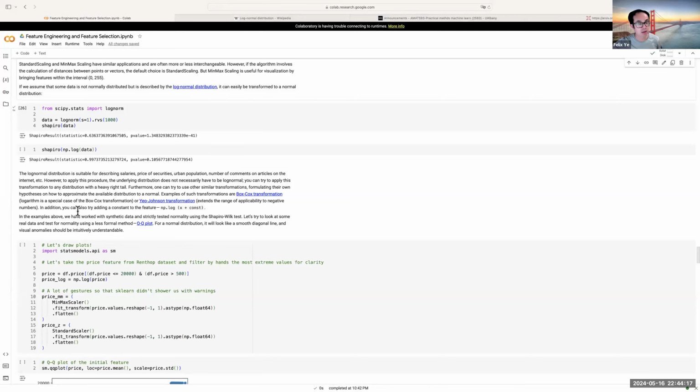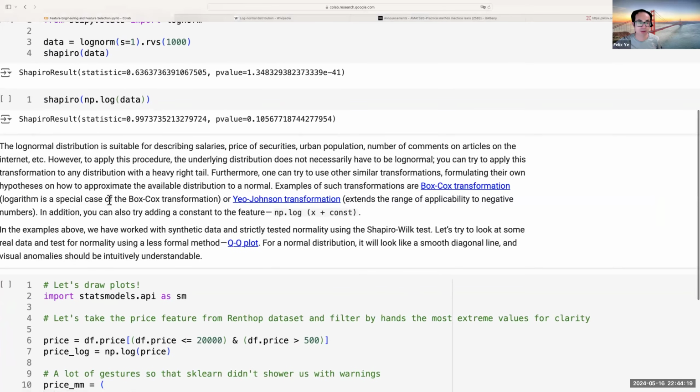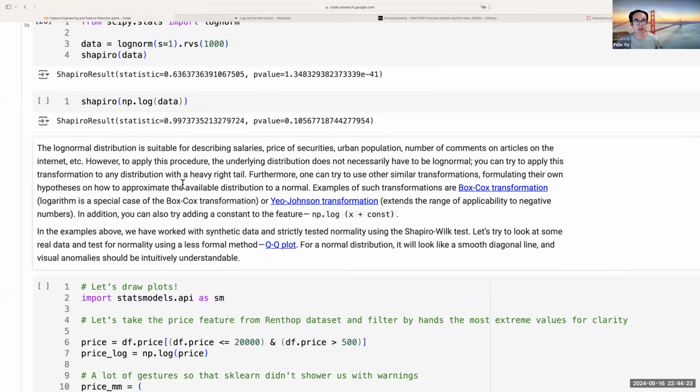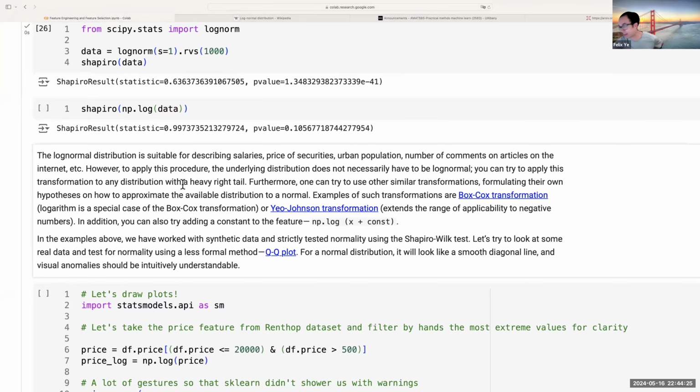All right, there's something you can think about and read. One very important thing is if you see your distribution has a heavy tail, that means you will see the tail of the distribution extend much longer than you expected.